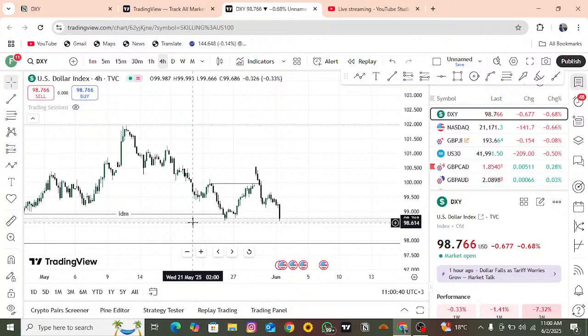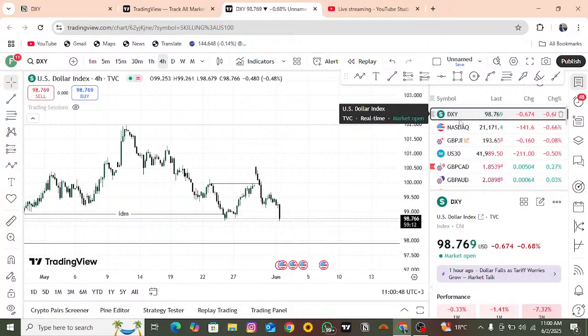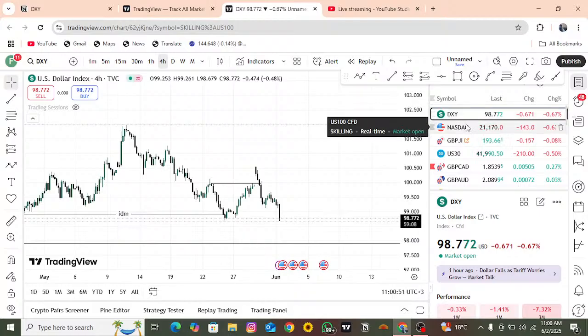Now, what happens if USD is losing strength? Stocks, these are stocks. These stocks are bought in units of dollars. So if the dollar is losing strength, it means we again have some worry.